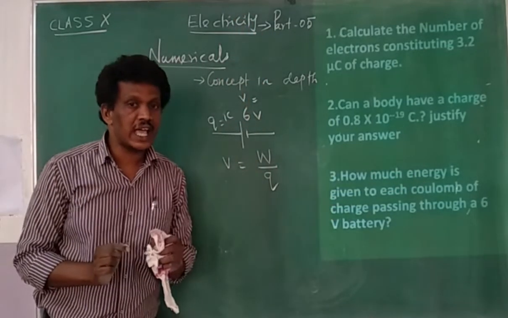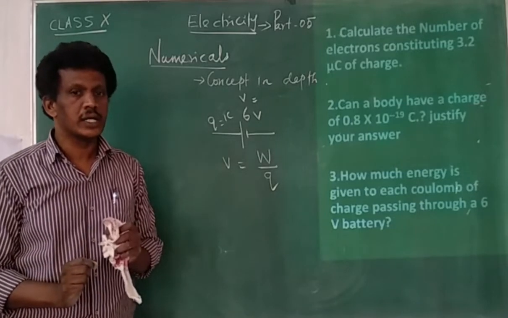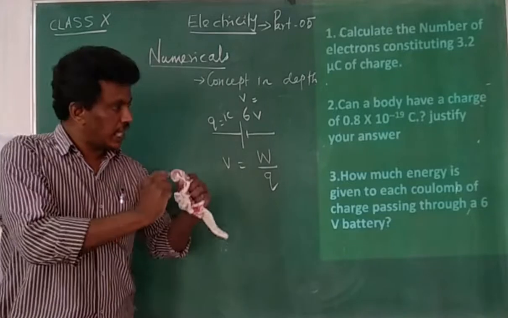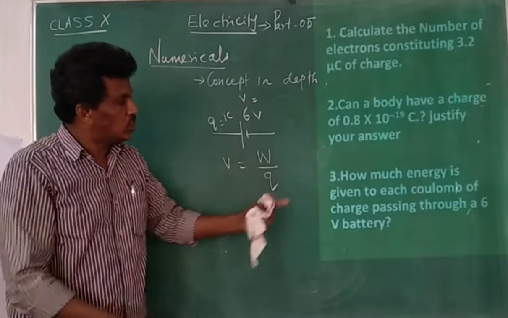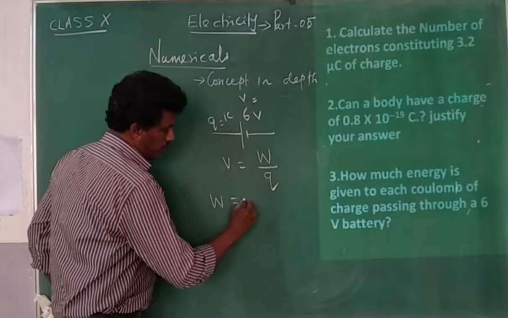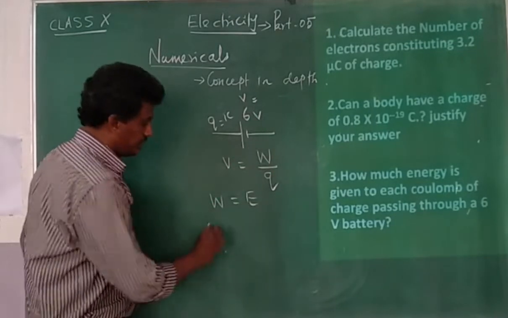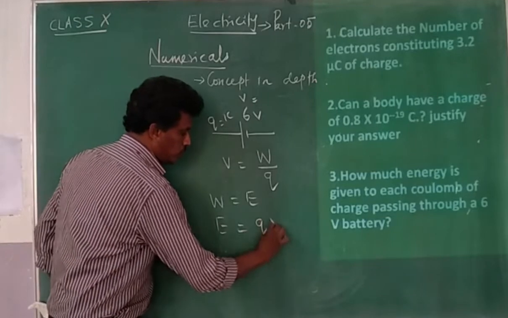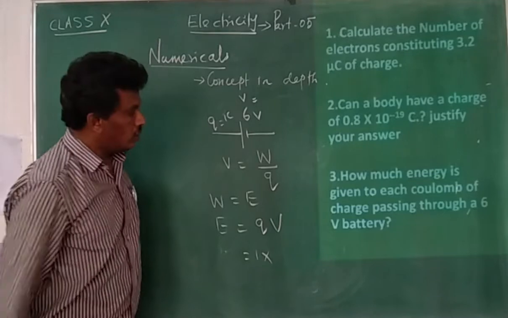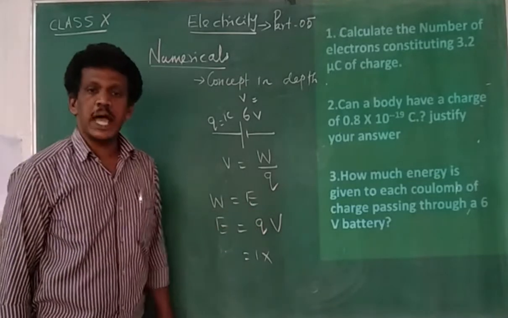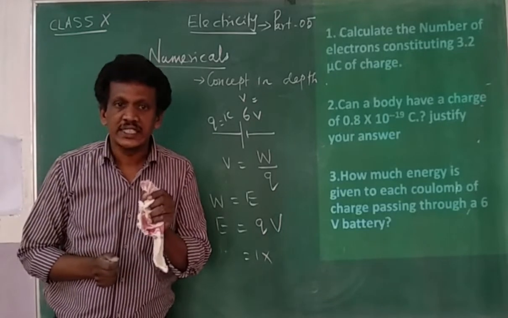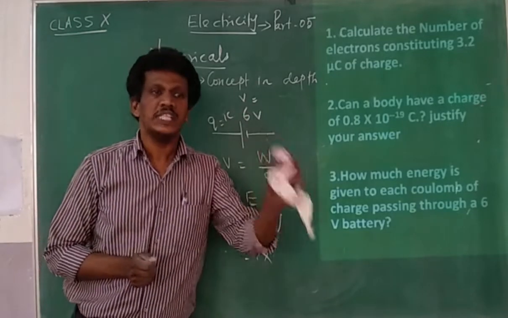Try to understand who is doing the work. The battery, at the expense of its chemical energy. That energy is given to each coulomb of electric charge. So W, the energy, E equal to Q into V. Q is each coulomb, so 1. V is the potential difference; a 6 volt battery provides a potential difference of 6 volt.